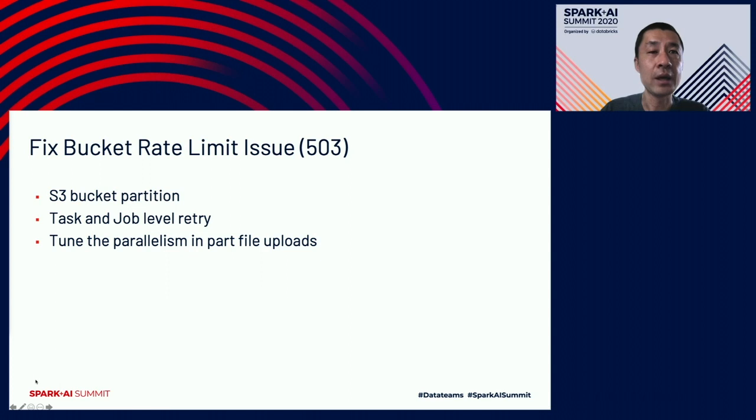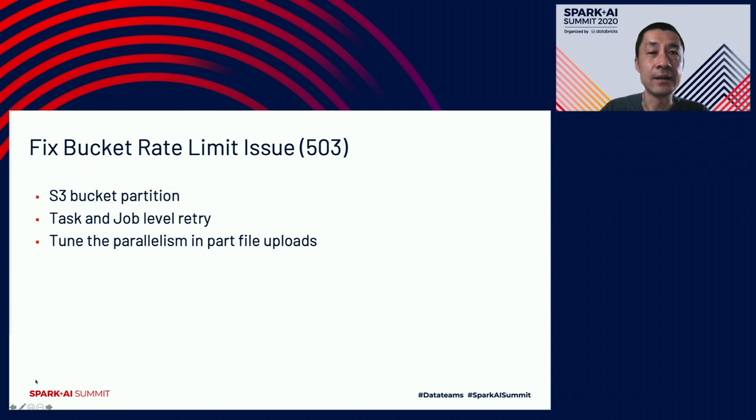By switching to S3, we also encountered some S3 specific issues. Rate limit 503 error is a common one. AWS support can partition the S3 bucket and prefix. They can even set up a cron job to partition a future prefix which doesn't exist yet.